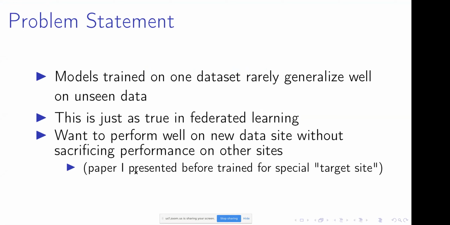The paper that I presented before in class had a concept of a target site, and they trained for that specific site. Ideally, you don't want to sacrifice performance on some sites.